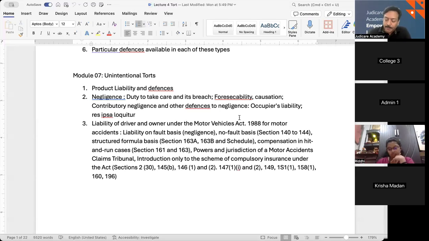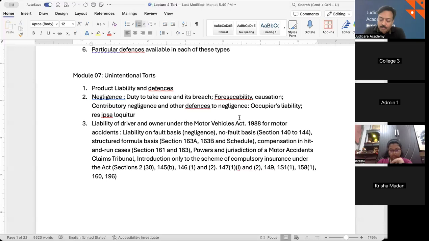143 talks about applicability of the chapter to certain claims under Act 8 of 1923. The provisions of the chapter shall also apply in relation to any claim for compensation in respect of death or permanent disability of any person under workmen's compensation. So if any accident happens in a factory, then this no fault liability also applies, as defined in section 143.